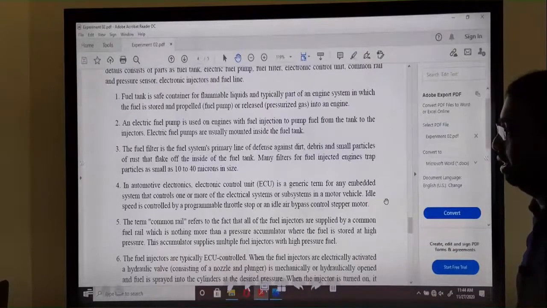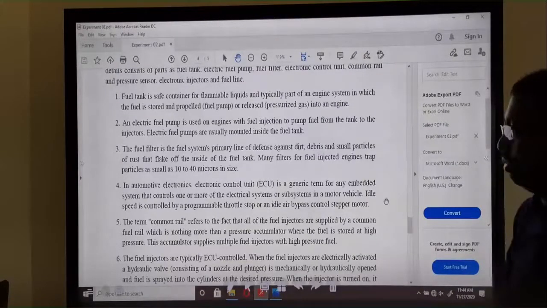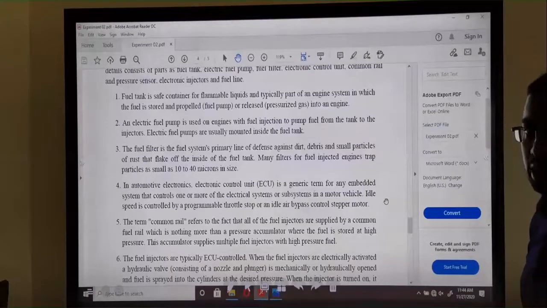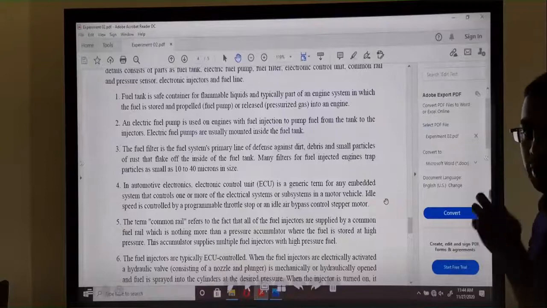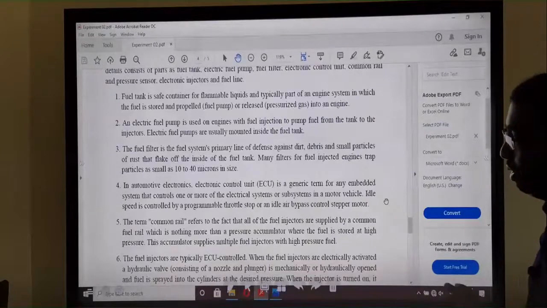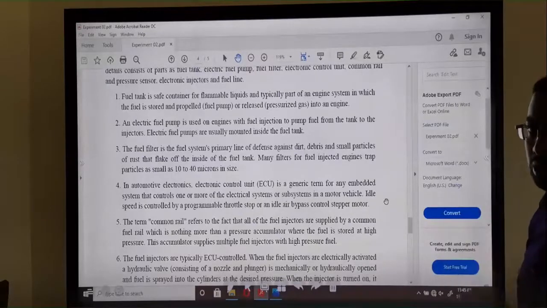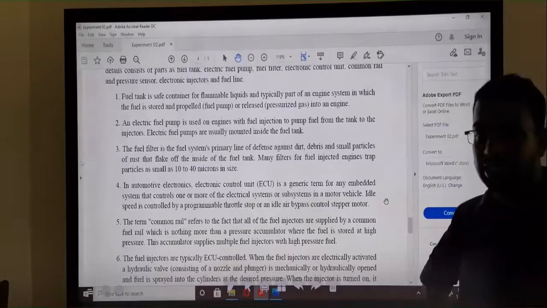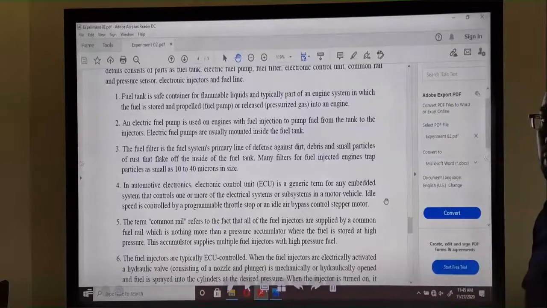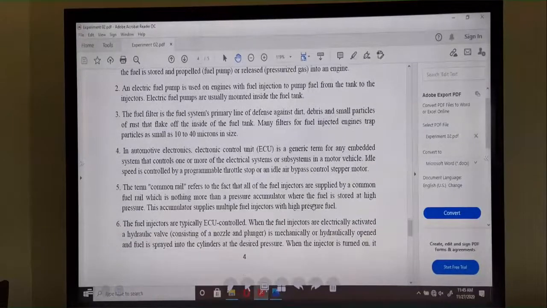Modern vehicles are mostly controlled by the electronic control unit, that's called ECU. It's like the brain of the human. This controls everything. It takes in the details and makes the decisions for the actuators. That's called the ECU, electronic control unit.